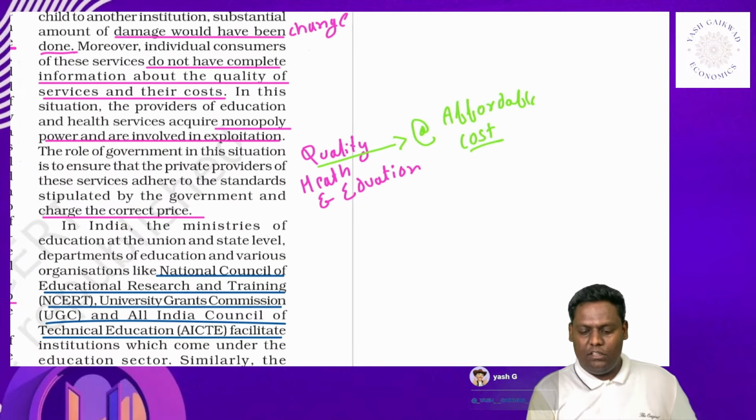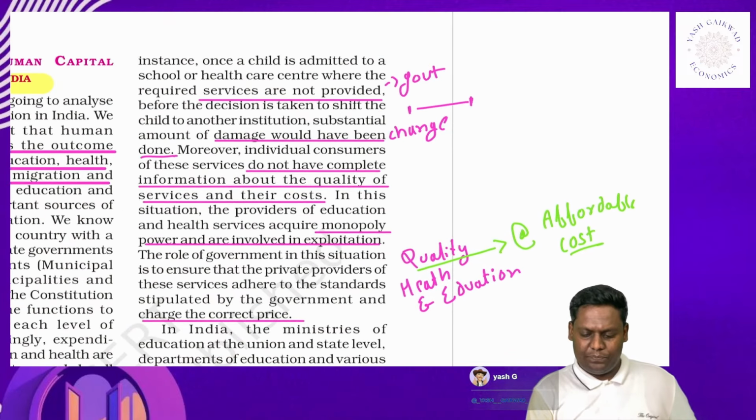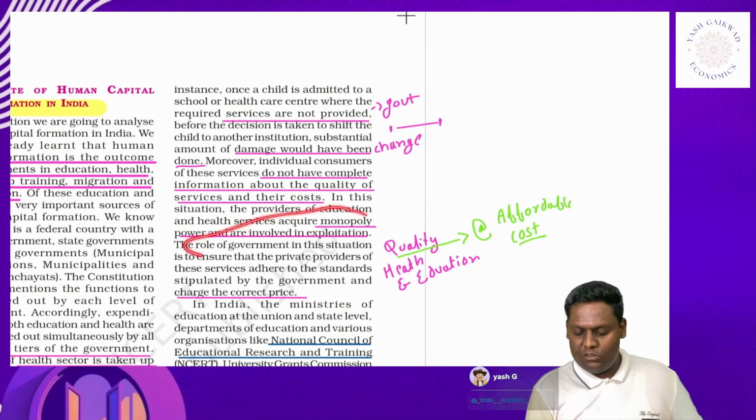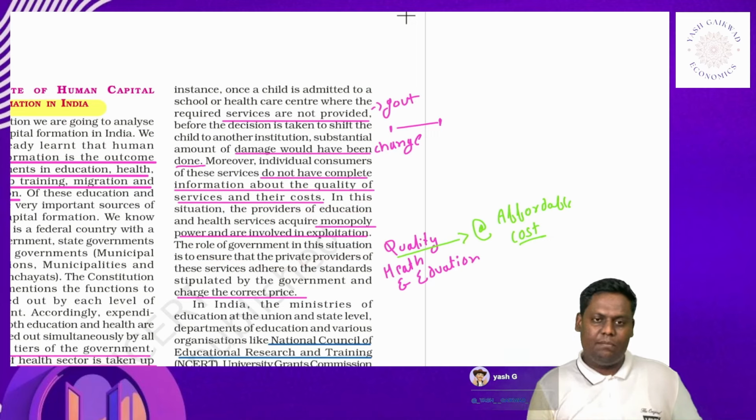At the same time, it is to ensure that there are no exploitative practices in the market, or no monopoly when it comes to the health and education sector. Thus, the overall aim of government in this sector is to ensure that quality healthcare and education is provided at affordable cost.